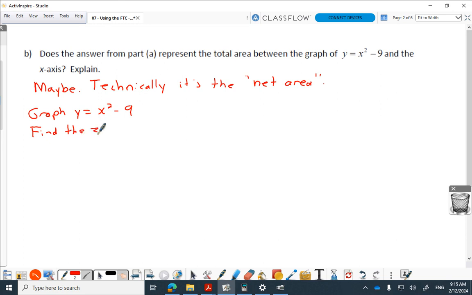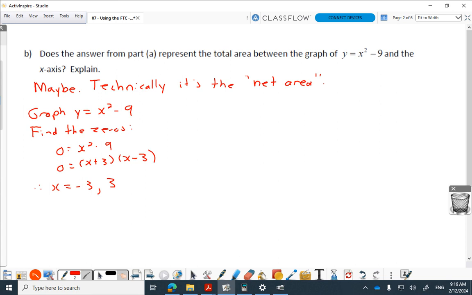Find the zeros. 0 equals x squared minus 9. 0 equals x plus 3, x minus 3. I hope this is pretty straightforward for you. Therefore, x equals negative 3 and positive 3. Are we okay there? Find the zeros of a quadratic on a Monday?